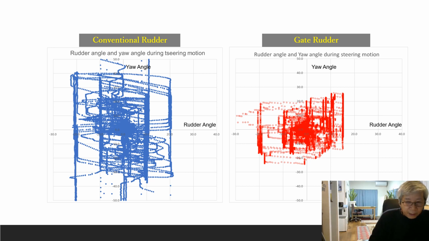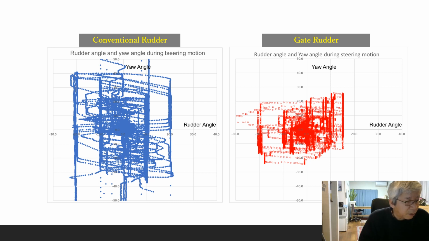This may mislead people into thinking the ship is turning, but it is not turning. The ship is just going straight. On the contrary, the Gate Rudder shows a smaller yaw angle. So some people misunderstand that the ship is not turning so strongly with the Gate Rudder, but they are quite different. This is quite a wrong idea.